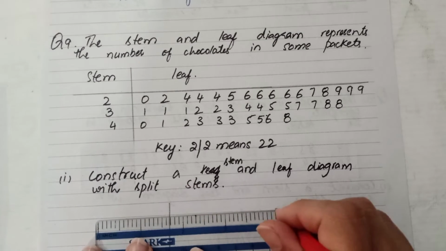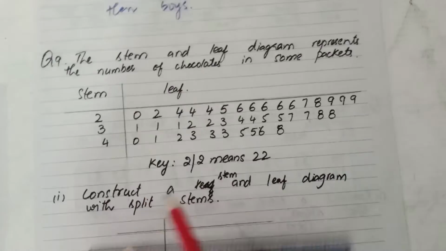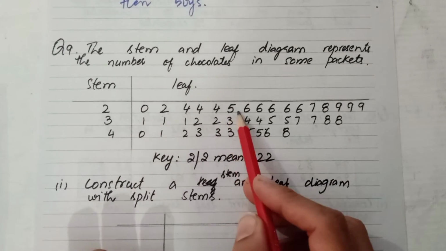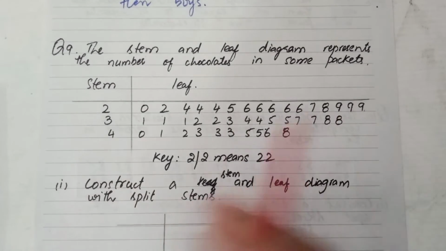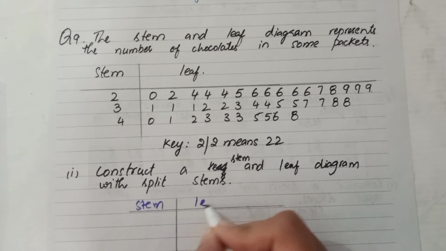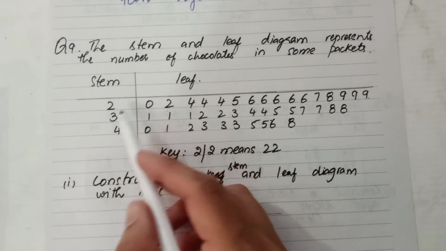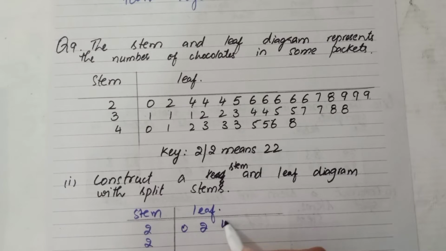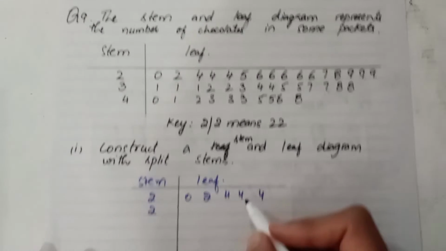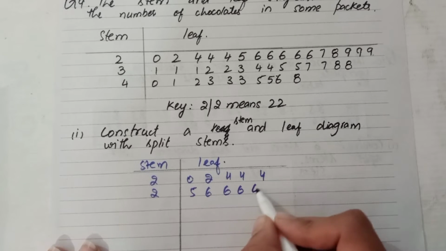We have to write it like that, from 0 to 4 and then from 5 to 9. Very simple. This is the stem 2, and we write there 2 4 4 4, and from 5 we write in the other line 5 6 6 6 6 6.